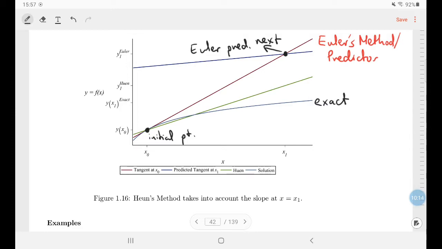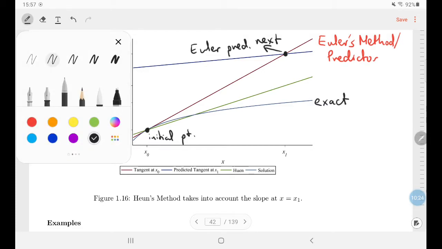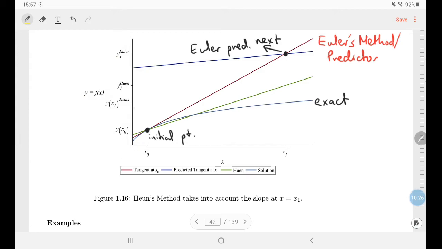Now, the Euler predicted next is a perfectly good approximation. It can be made better by making the step size smaller. Now what we want to do, rather than make the step size smaller, is be a smarter method. What we want to do is take two slopes, the slope here and the slope here. Now the slope here is just the Euler method.